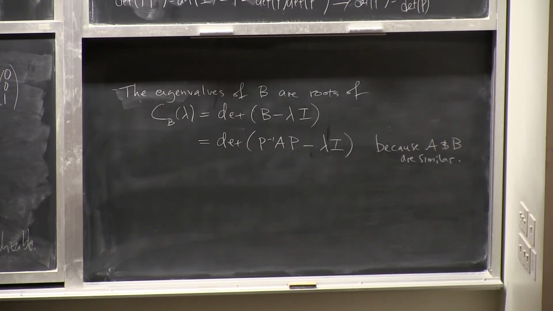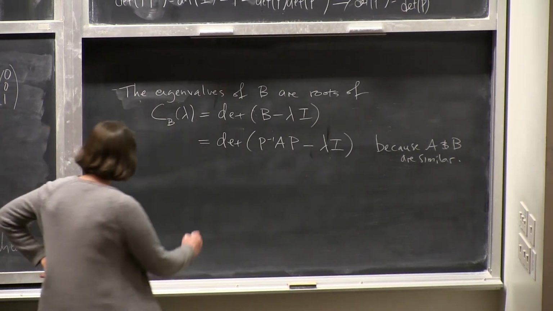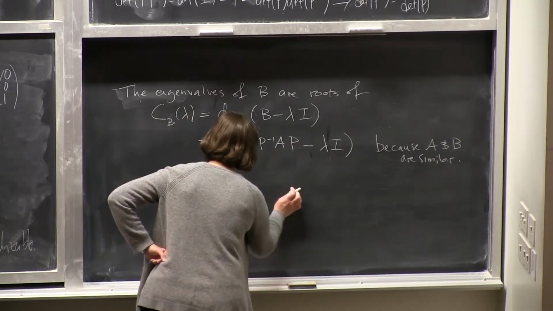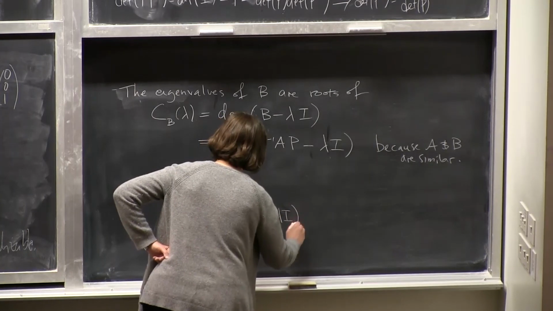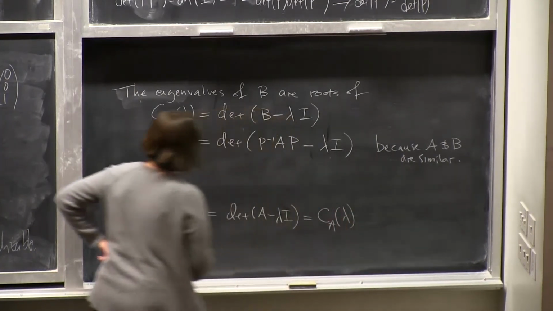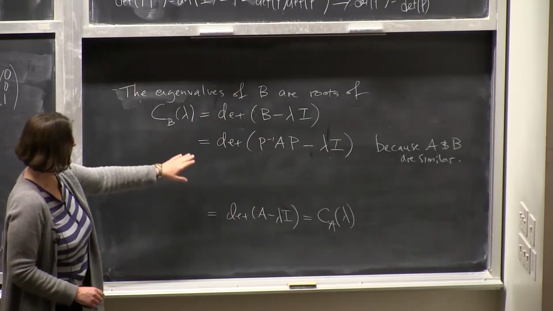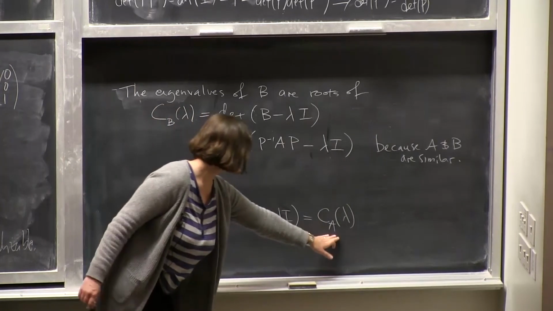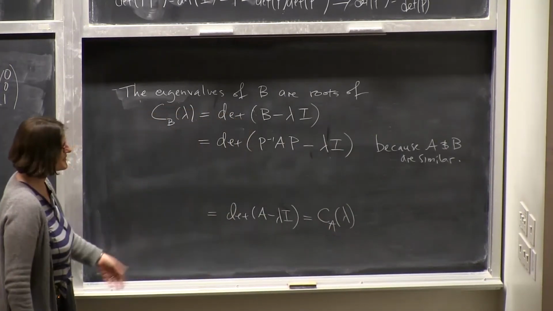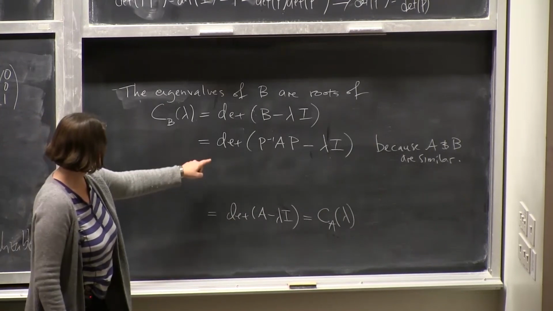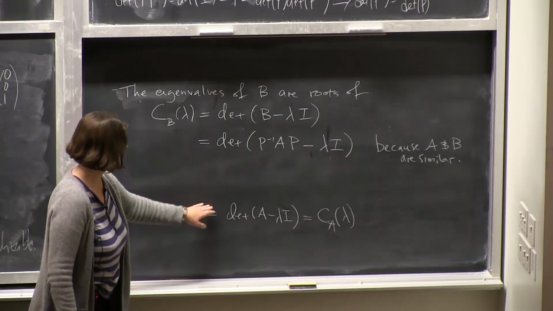I would really love to end up at the determinant of A minus lambda times the identity, which would be the characteristic polynomial for the matrix A. Because if this polynomial is equal to this polynomial, then they have the exact same roots and the exact same eigenvalues. So the only question is, how can I get from here to here?